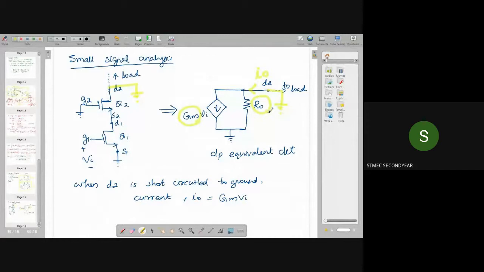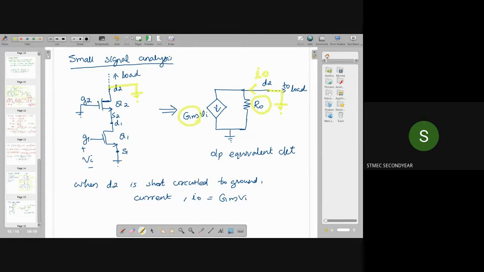If the drain terminal is connected to ground, we can assume an output current I0 that will be equal to gm into Vi. Right? Now, using this equation, we can find gm. That is, gm will be equal to I0 divided by Vi.